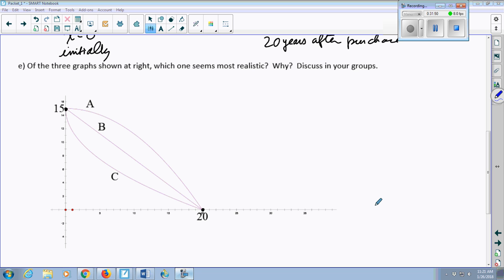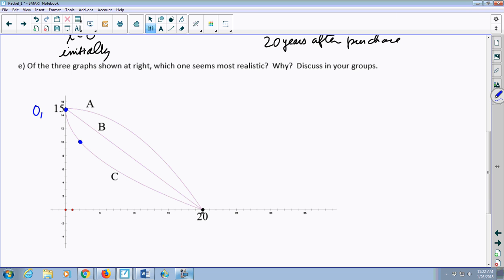C. Okay. So let's talk about what each of these graphs are doing. So why would you pick C? Because notice, even if you just picked a point, you have your starting point at 15, and then you have some point along here. I think that might be like, the numbers are a little small, like maybe 2, 10.